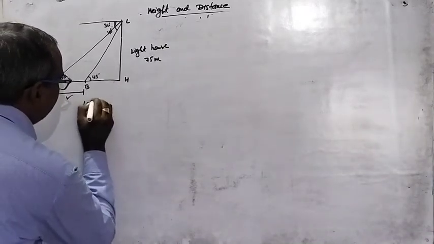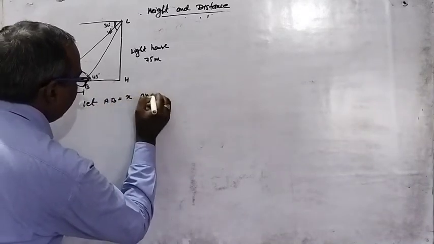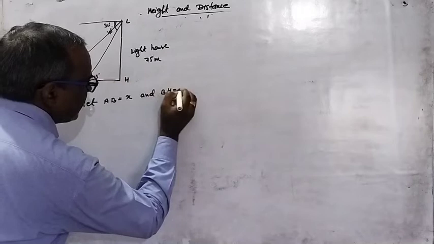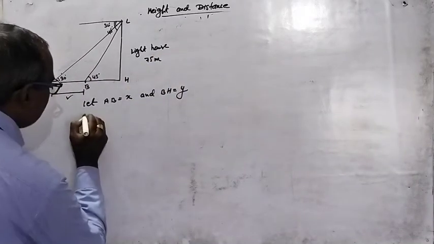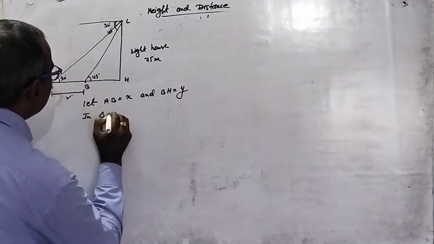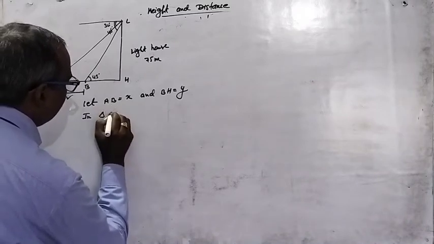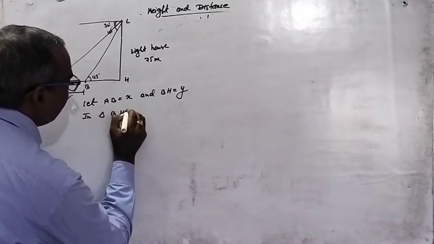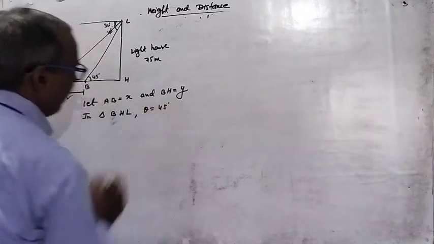So let AB equal to x and BH equal to y. So at first, in triangle BHL, here theta equal to 45 degree.